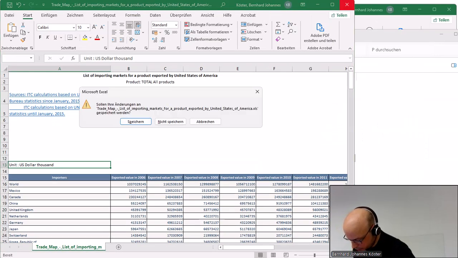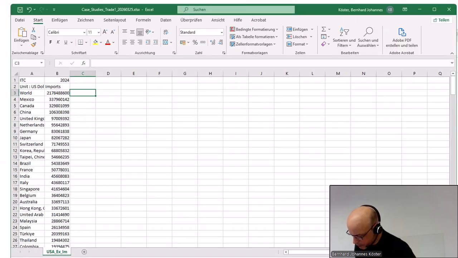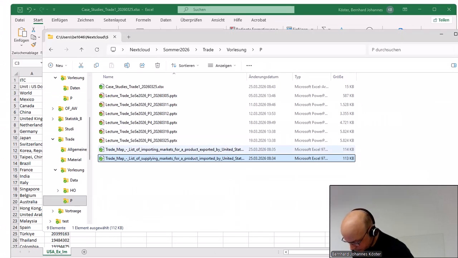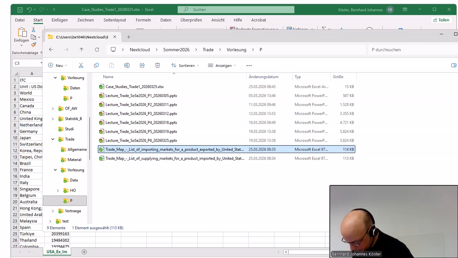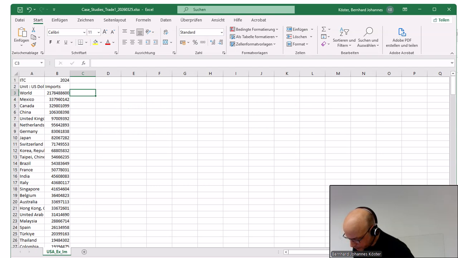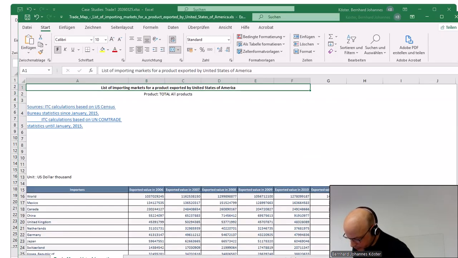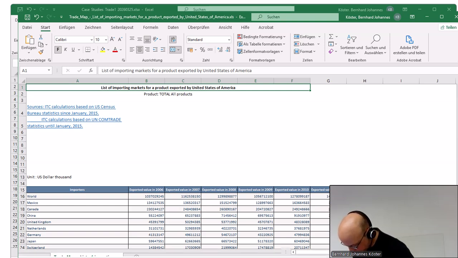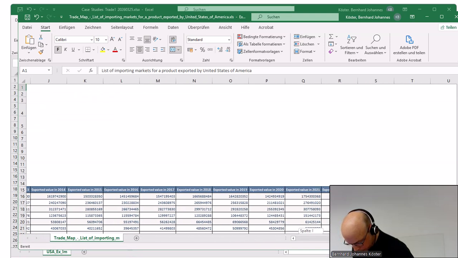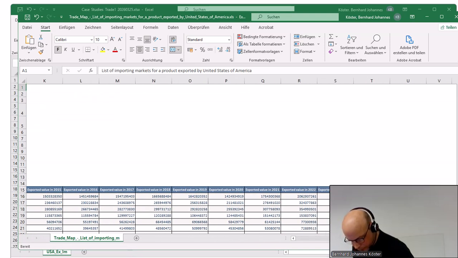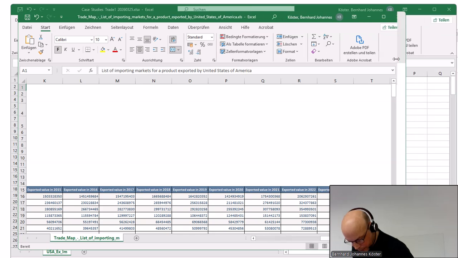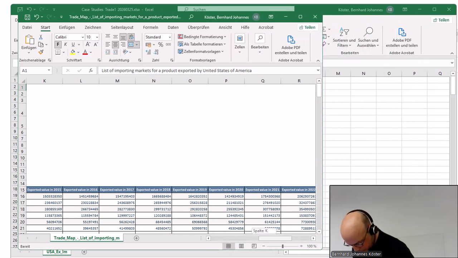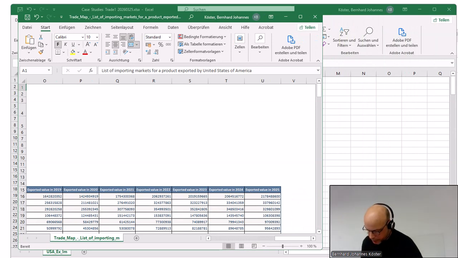So the first one with 217, this was importing markets. Opening, and so I really interchanged it.